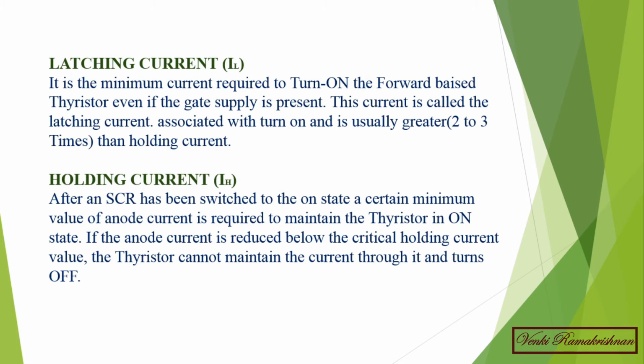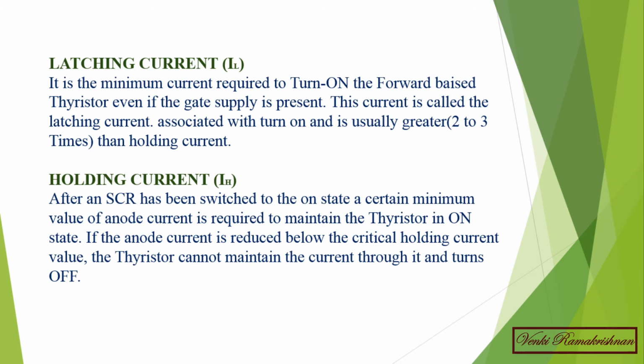Okay, it is an important terminology in thyristor: latching current. Even if we have done all the favorable conditions to turn on the SCR, it will not get turned on until the anode current has a certain minimum value.